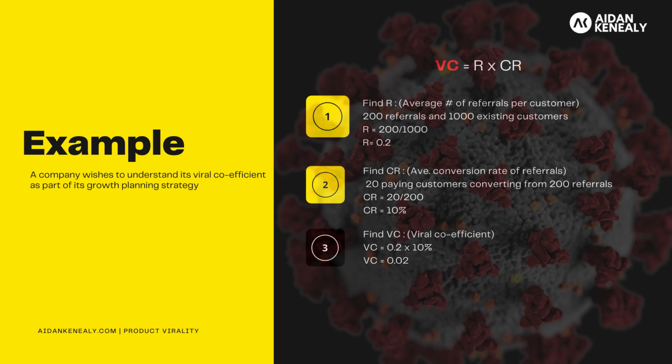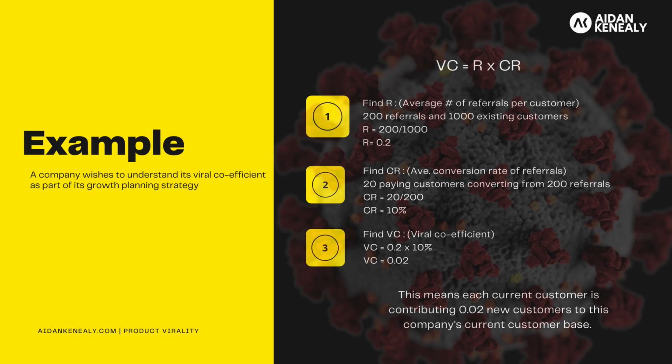Now, the last step in this journey to find our viral coefficient is to put this all into the equation. So the viral coefficient is going to be equal to 0.2 times 10%. Or in other words, the viral coefficient for this company is 0.02. So what this means for the company is that each of their current customers is contributing 0.02 new customers to the company's current customer base.